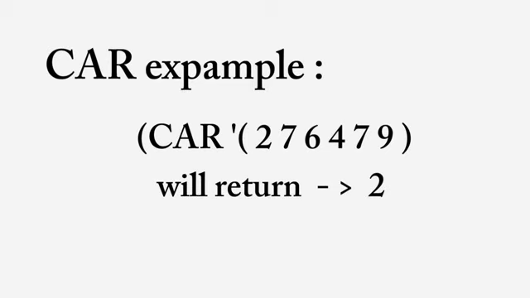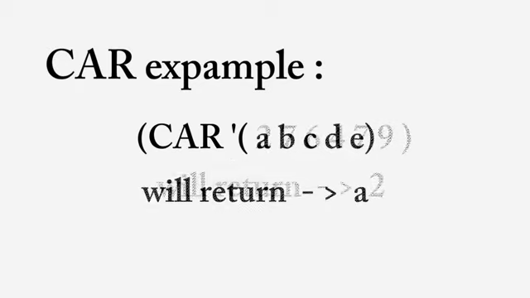Just assume you give the CAR function in front of a list having atoms 2, 7, 6, 4, 7, 9, it will return 2. That means the first atom of the list. Let's take another example.